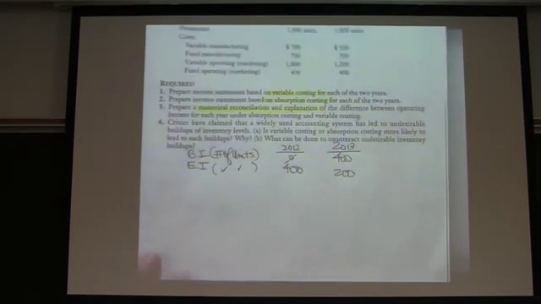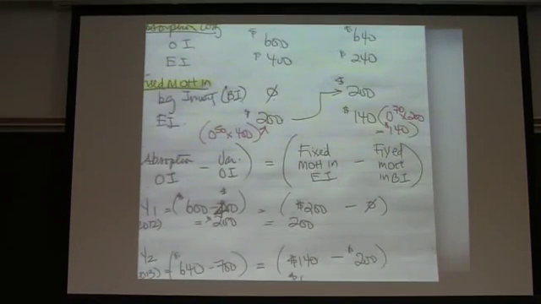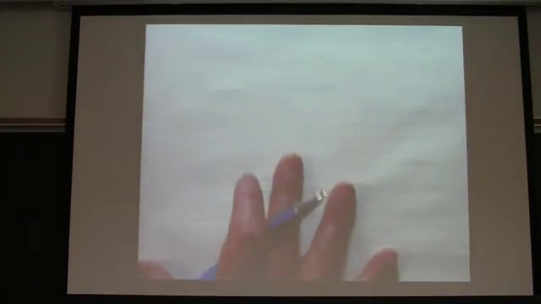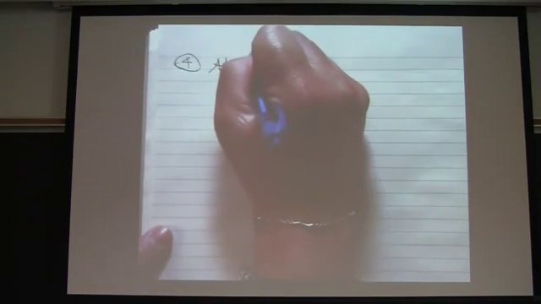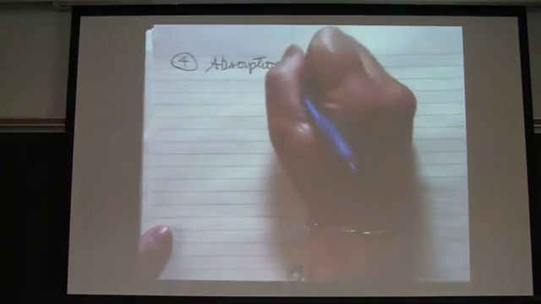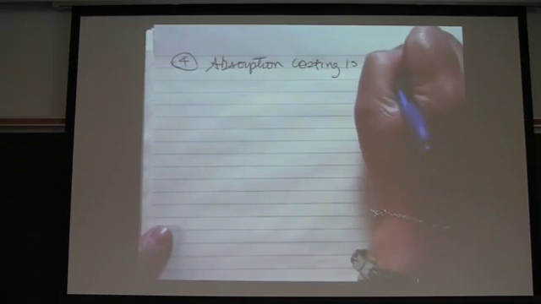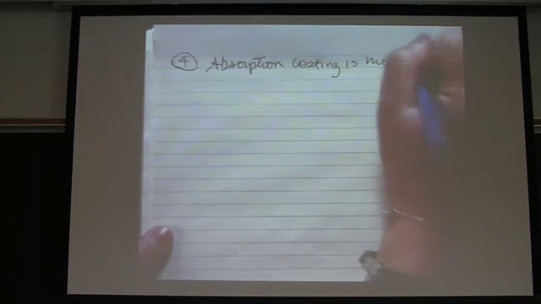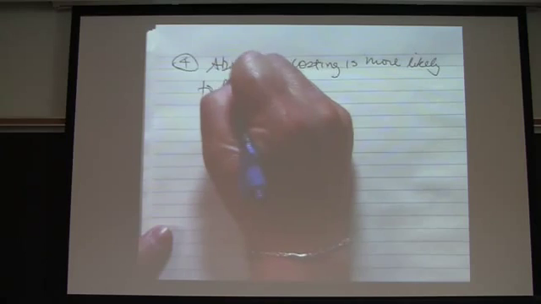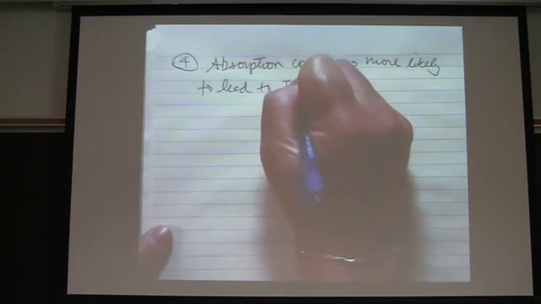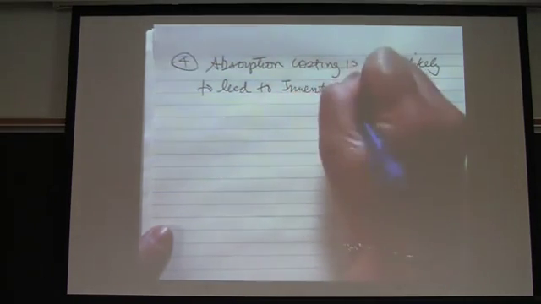So first of all, we know that absorption costing, you can see from this example, is more likely to lead to inventory buildup.